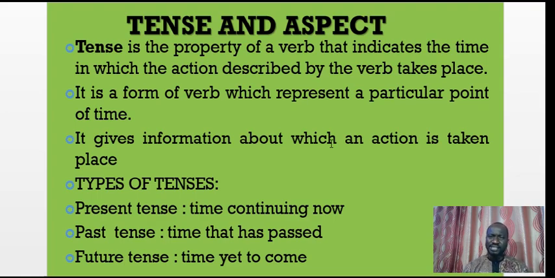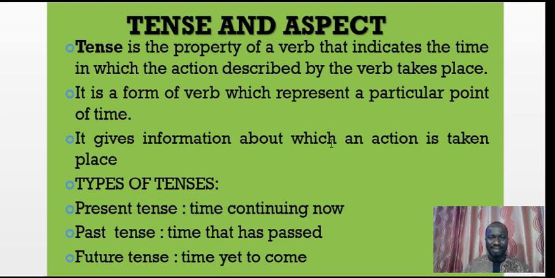But with this property, it is letting us know that we have only three times or three aspects of time in the world, where we have the present, the past, and then the future. So when we talk of tense, we are talking about a verb property that expresses the present time, the past time, and then the future time.